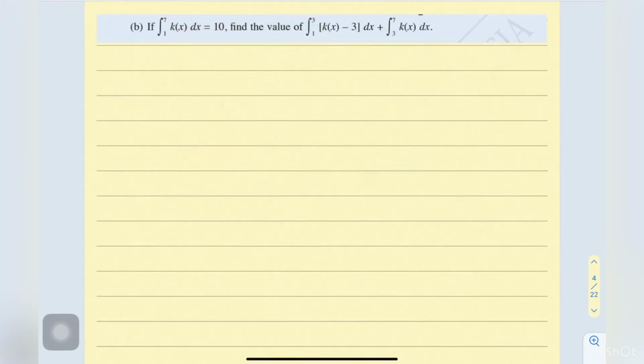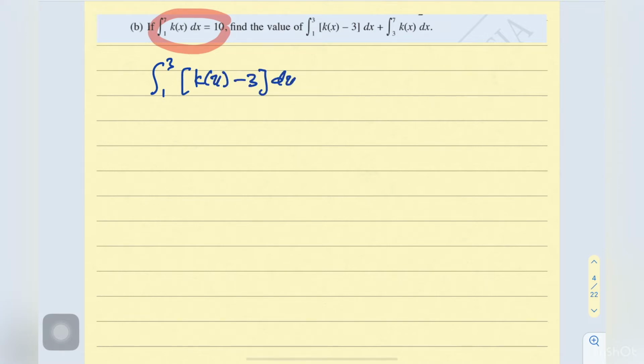Okay, let's do 2b. Given integration from 1 to 7 of kx dx equals to 10. Okay, we need to find the value of integral from 1 to 3 of kx minus 3 dx plus integral from 3 to 7 of kx dx. Okay, first of all, we have to separate this one.